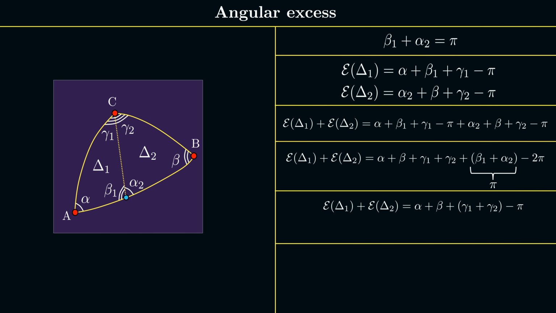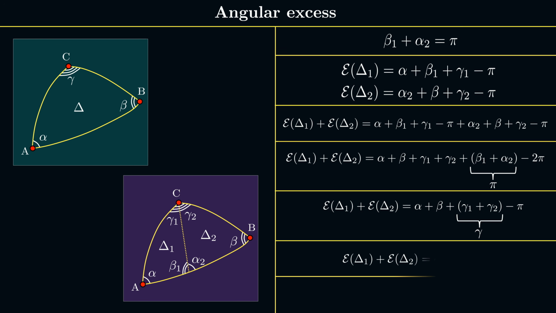As a result, one of the pi terms cancels out, leaving alpha plus beta plus gamma 1 plus gamma 2 minus pi. But angles gamma 1 and gamma 2 together form the original angle gamma.